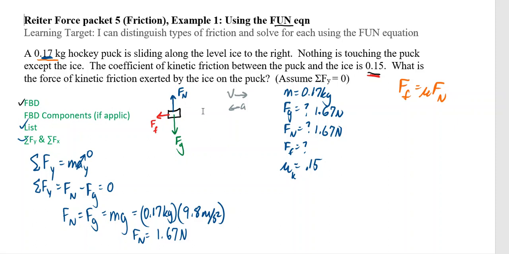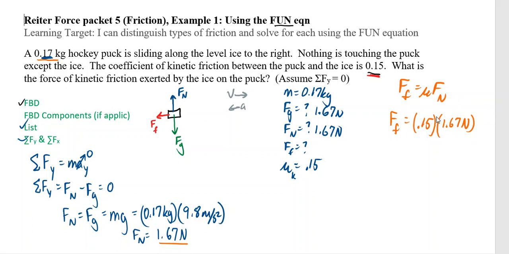Okay, good stuff. And now I'm looking for, it says, what is the force of friction, right? So let me go ahead and solve using the fun equation. Force of friction. Oh, look, it's already rearranged for us. How lovely. So that's going to be 0.15. Remember, there are no units on that. And then the normal force, which we just solved for, 1.67, and that's going to be in newtons.